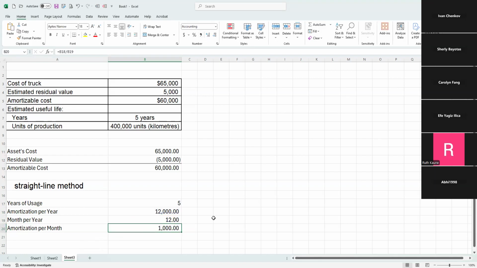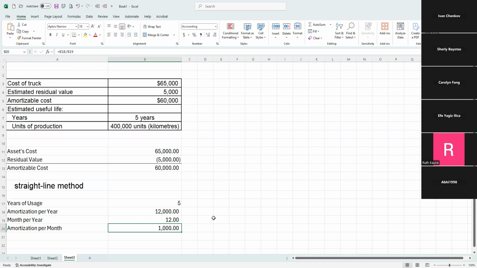What was the shortest reporting period? In accounting, what was the shortest reporting period? The period that we have to prepare financial reports. Month.